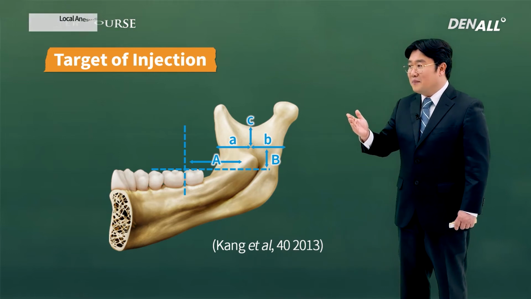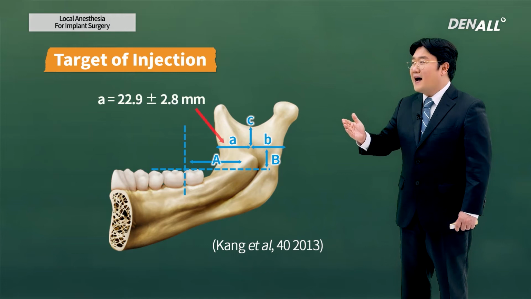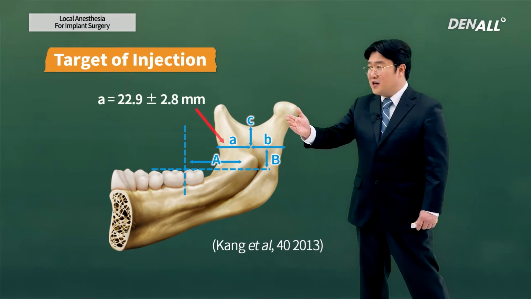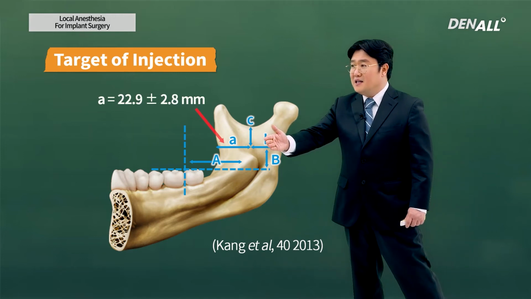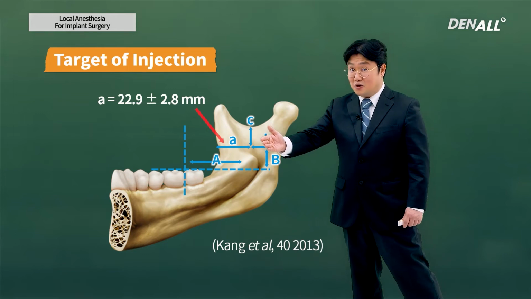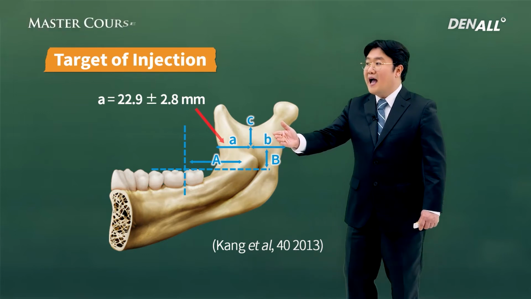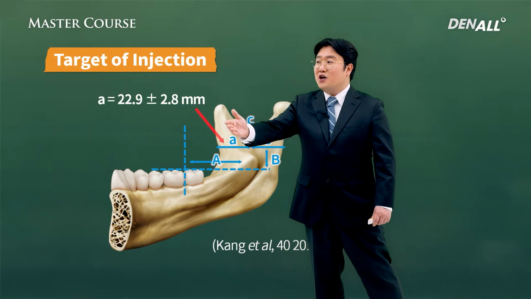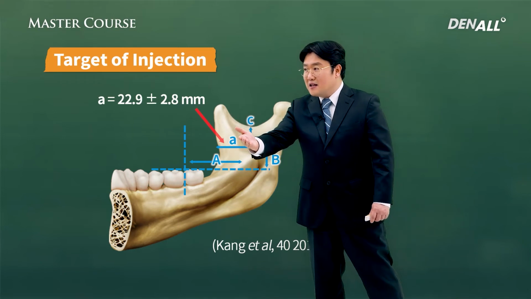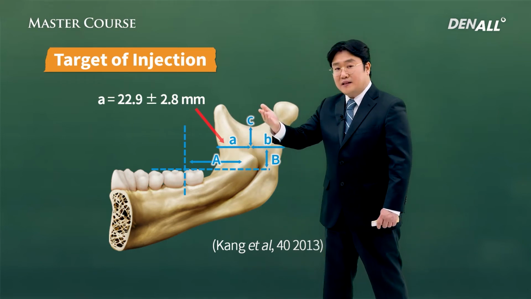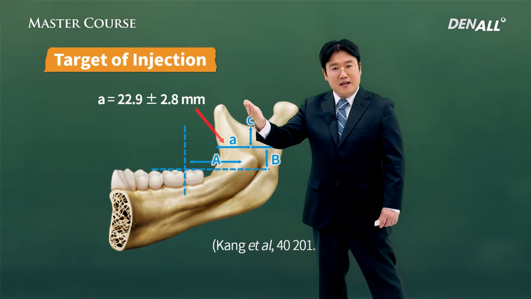According to a study, the depth at the anterior border of the ramus, at the mesial side, is about 23 millimeters.